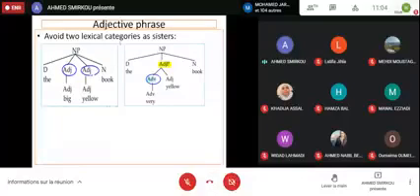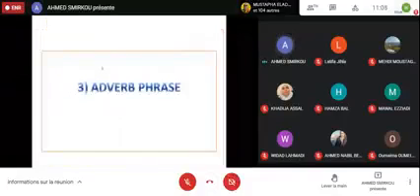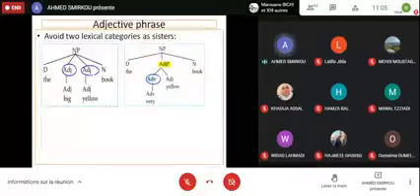So please avoid two lexical categories together as sisters at the same level. These are sisters because they're at the same level, but the N here and the adjective here are not sisters. I'm talking about the same level. They shouldn't have more than one lexical category. Is it clear? Any question? At this point, avoid two lexical categories.